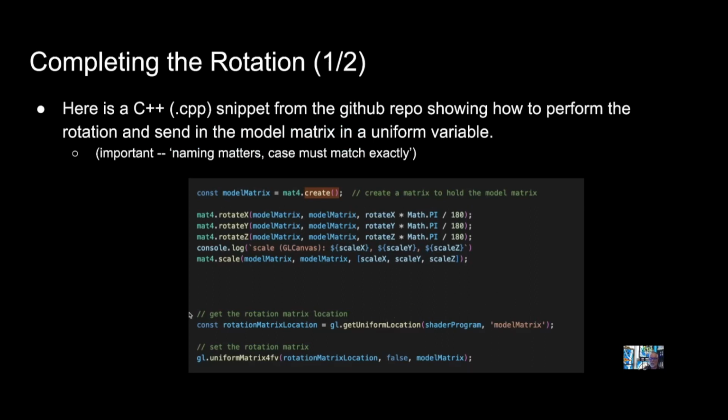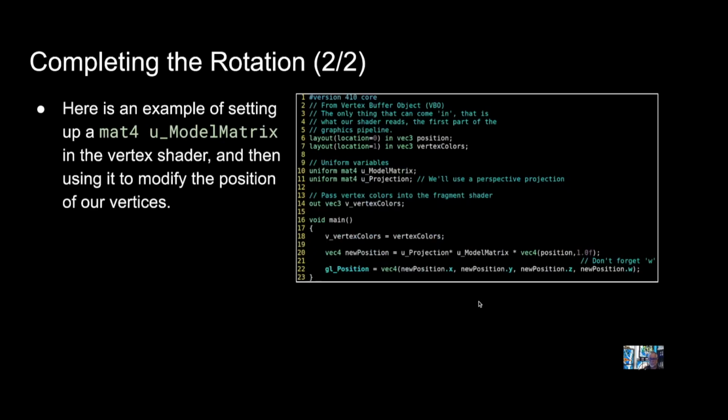In the code that I've written for assignment 4, I have this thing here. I get const rotation matrix location. I basically say get uniform location of shader program, model matrix. That's in my source code. Then I set the rotation to be that. Quite simple, straightforward. It's just tedious. And then in the rotation, this is the version 410 core, but we'll have a look at it in ours. We already did.